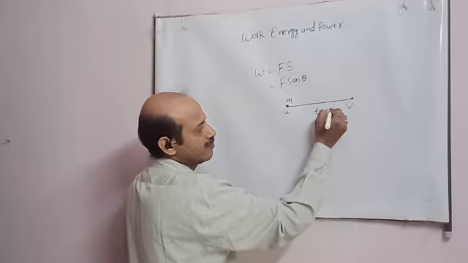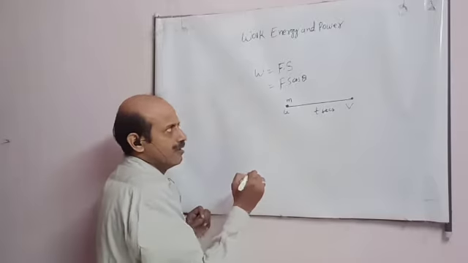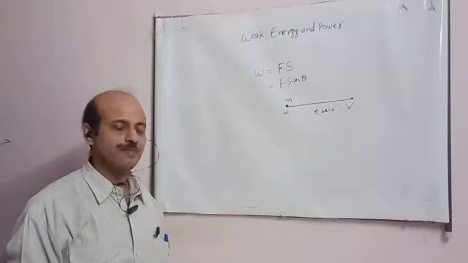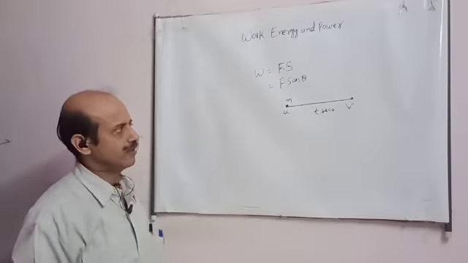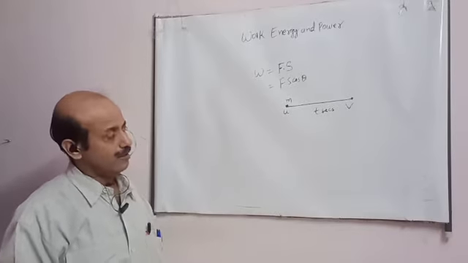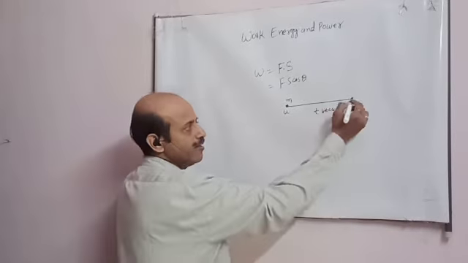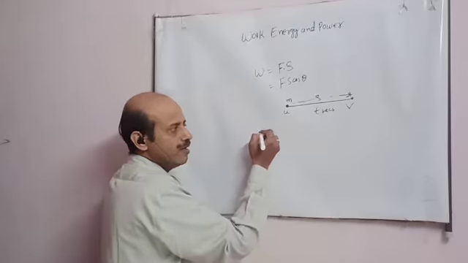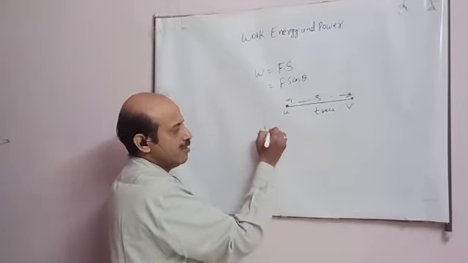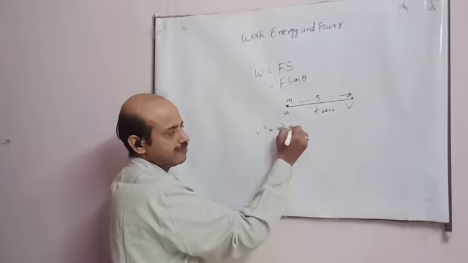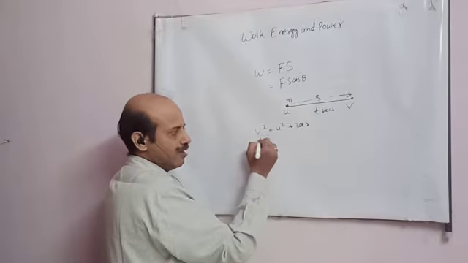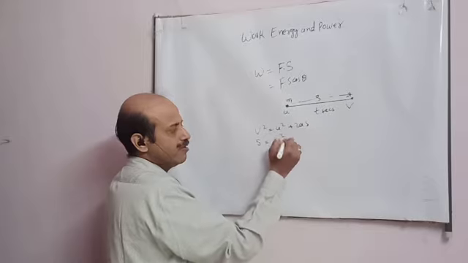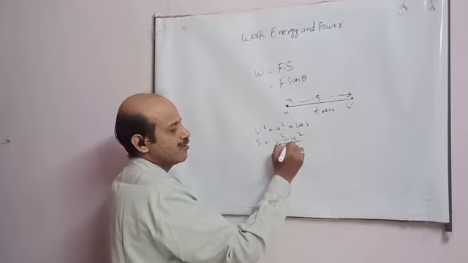Now the displacement during this time will be given by the third equation of motion, which we have studied. The displacement will be given by (v square minus u square) upon twice the acceleration.